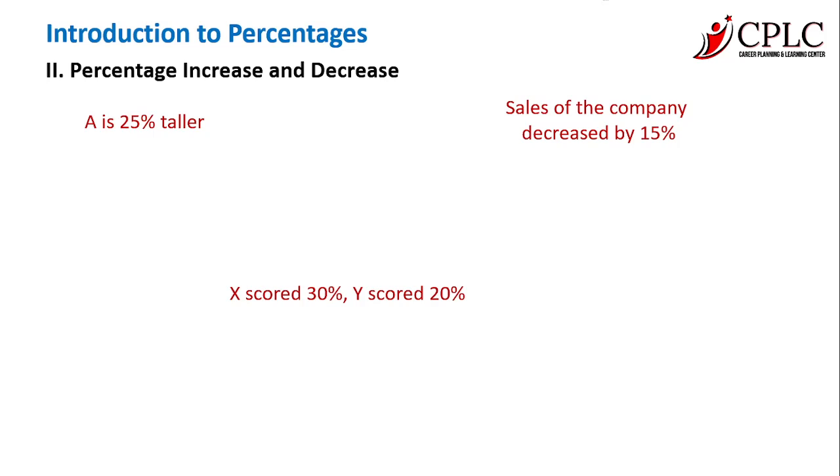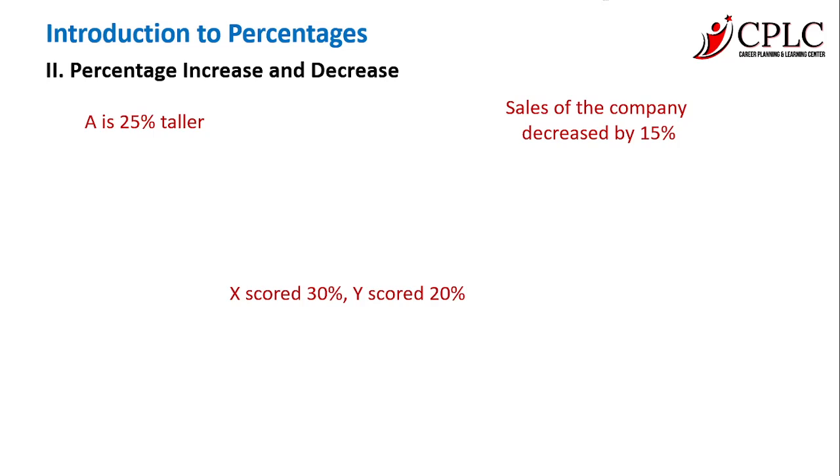The other one says x scored 30%, y scored 20%, sales of the company decreased by 15%, and so on and so forth. If you go through these statements one more time quickly, you would realize something problematic: all these statements are missing a very important part, and that part is called the base of the percentage.